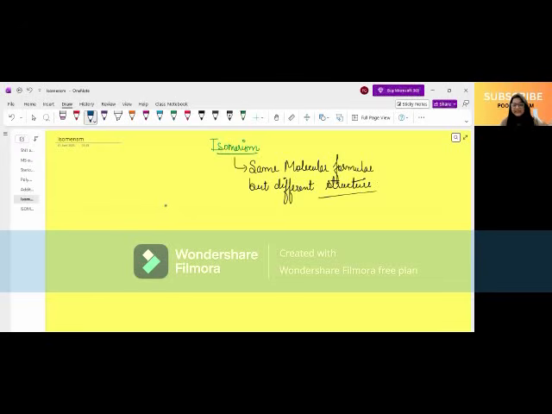Now, this isomerism is further divided into two broad categories. The very first category is structural isomers, and the other is stereoisomers. Structural isomers are further divided into three parts: chain isomerism, position isomerism, and functional group isomerism.